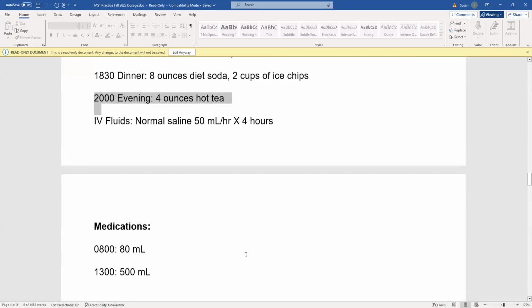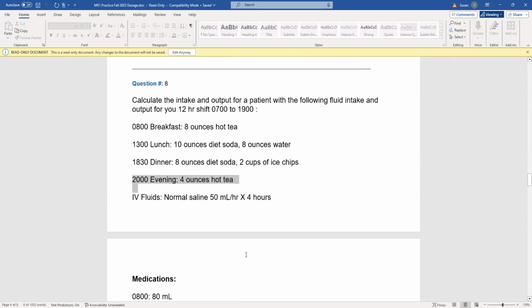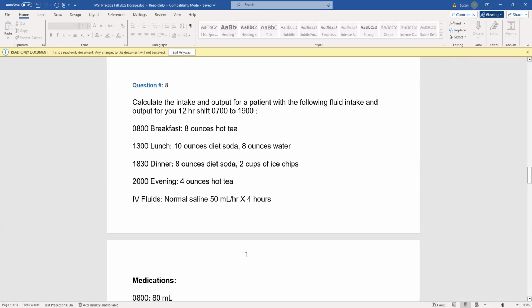So, Miss Lois, the 1 ice, are you gonna multiply it by 30? 1 cup of ice, are you gonna multiply it by 30? Well, 1 cup of ice is equal to how many mLs? 240. Right.